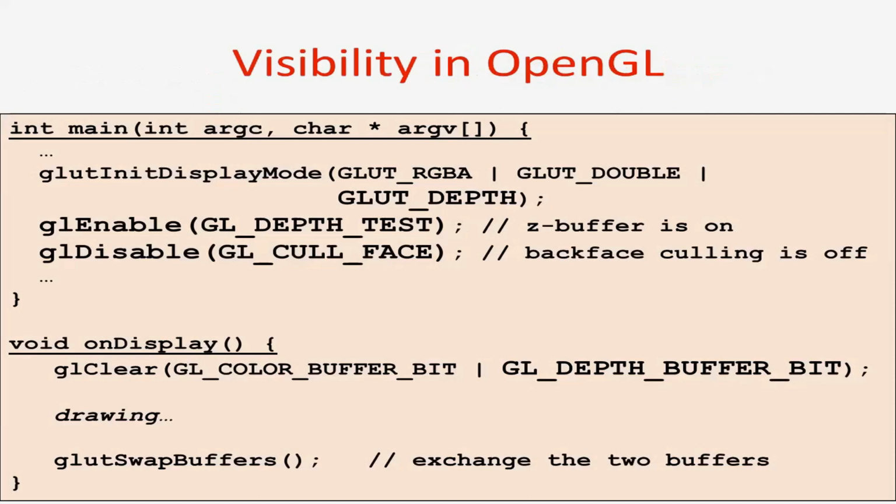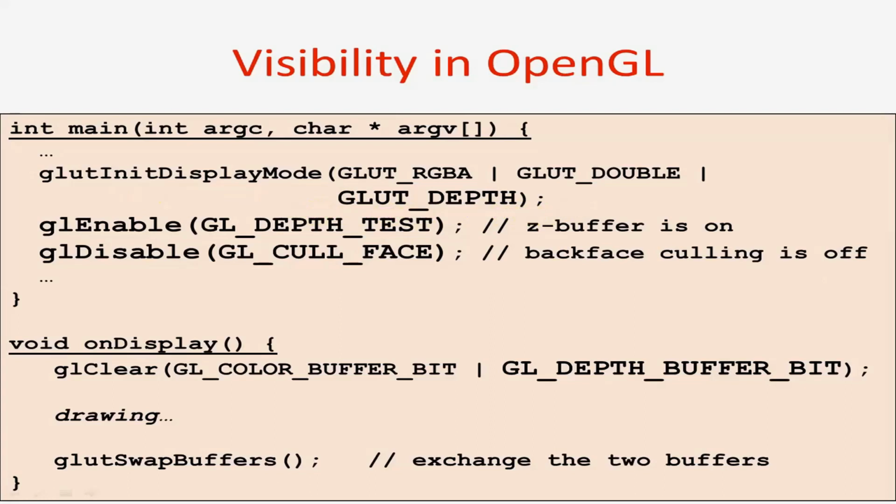Backface culling and Z-buffer algorithm are executed by the GPU in its fixed function pipeline. We can enable or disable the operation of different hardware units. If we want to use Z-buffering, in glutInitDisplayMode we should specify this option to allow the GPU to allocate some memory for the depth buffer.